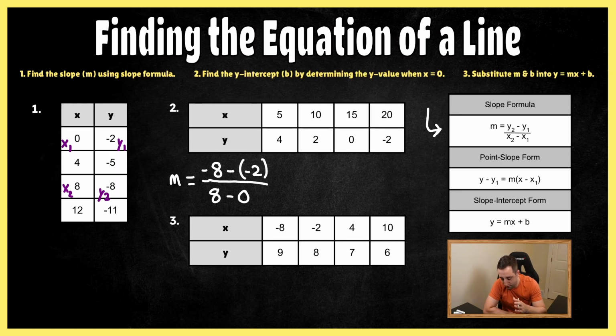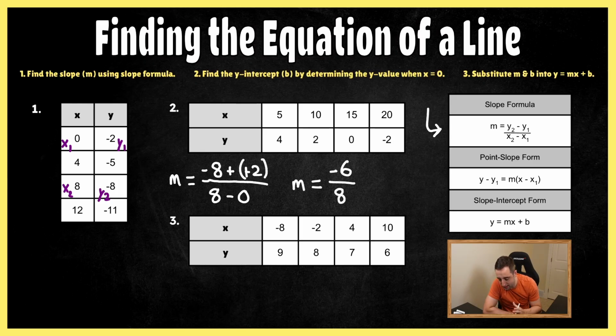And now we just need to figure out, well, what is -8 minus a -2? Notice how I'm subtracting a negative. If you are subtracting a negative, that actually turns to addition in the numerator here. So this is going to turn to +2. So now we have m equals -8 plus 2 is going to be -6, over 8 minus 0 is 8.